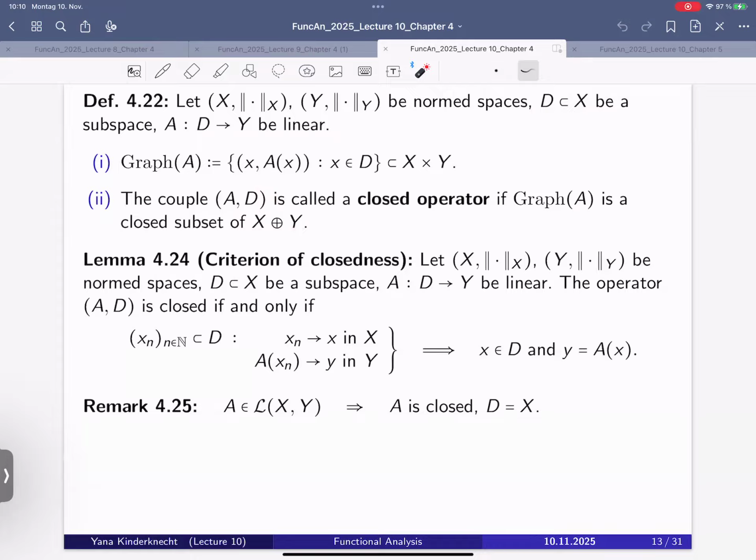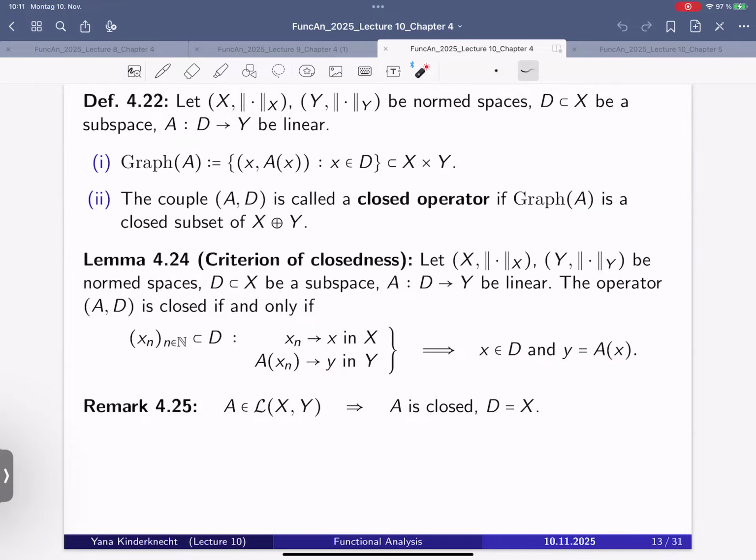We also proved last time this criterion of closedness: the operator is closed if and only if for any sequence satisfying the condition that this sequence converges to something in X, and its image under A also converges to something in Y, this implies that this x belongs to the domain of definition of the operator A, and this y is nothing else but A of x.